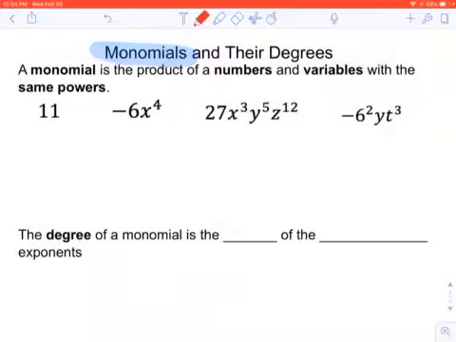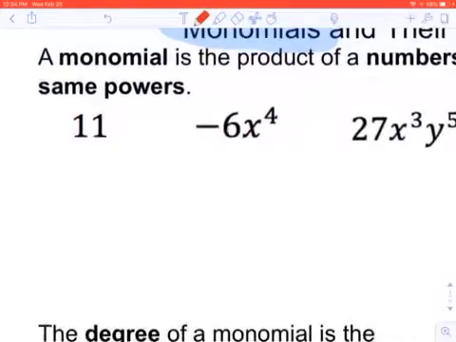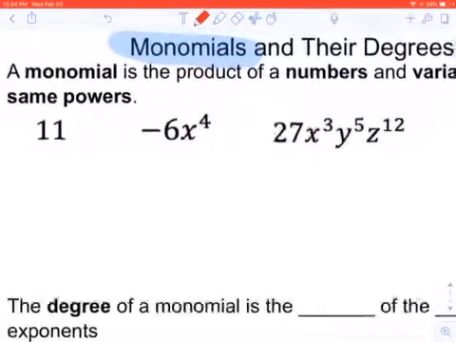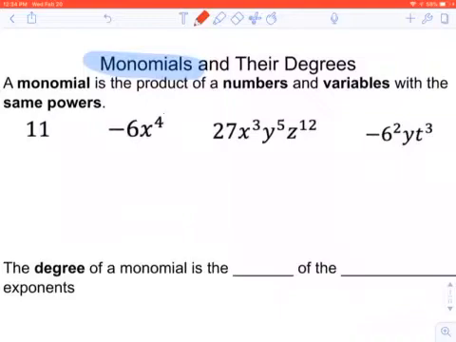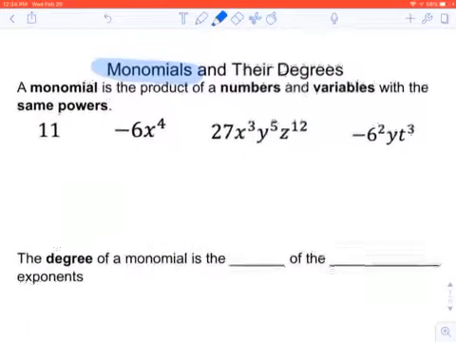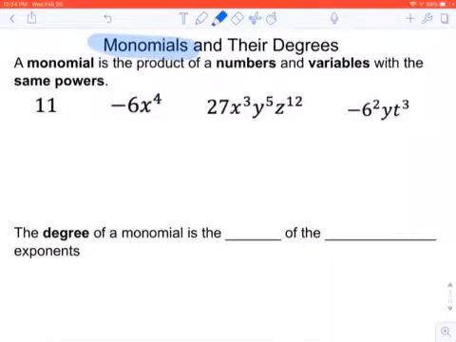So, for instance, the number 11 is a monomial. -6x to the 4th is another monomial, and then something that looks like this, 27x to the 3rd, y to the 5th, z to the 12th, is 4 different things put together, but that is also technically a monomial, and then so is -6 squared yt cubed.